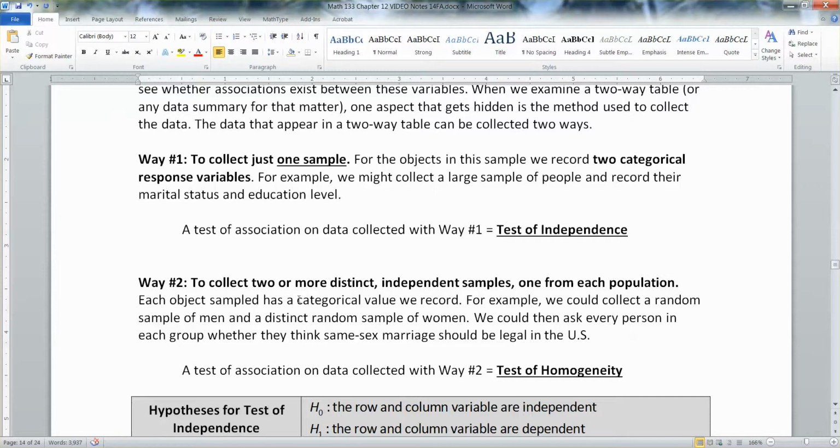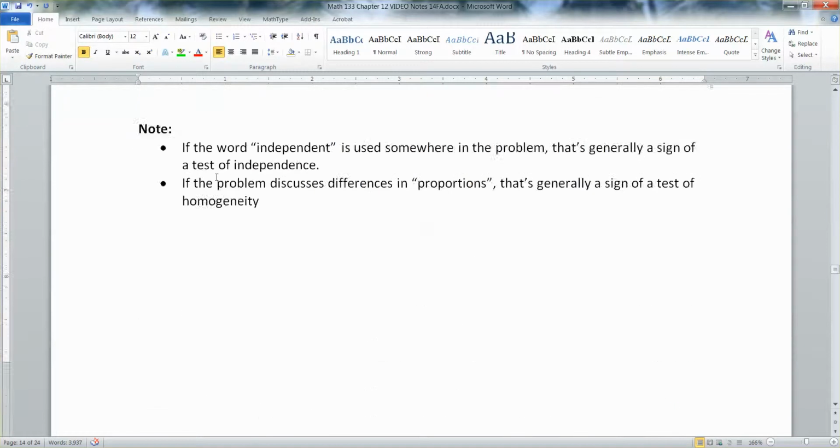So each sample has a categorical value. See that right there? A categorical value. So you're measuring one thing about two or more distinct groups. See that? And this one has one sample, and then you measure more than one categorical thing about them. Okay? So which one are we looking at here?